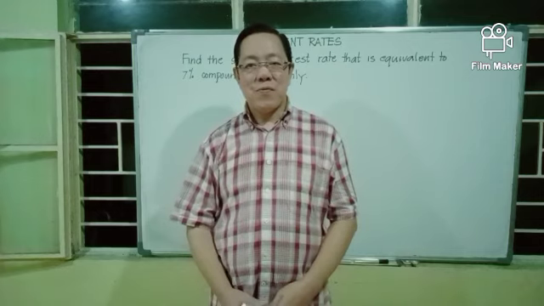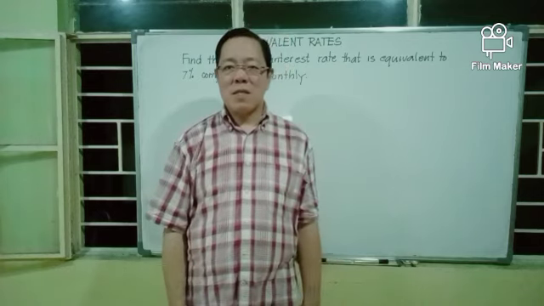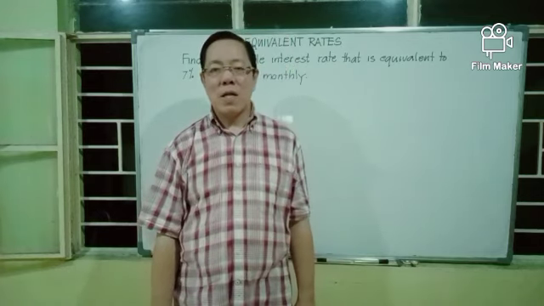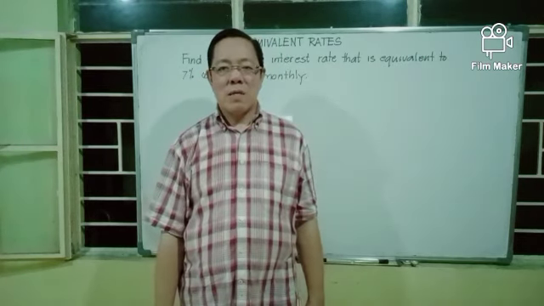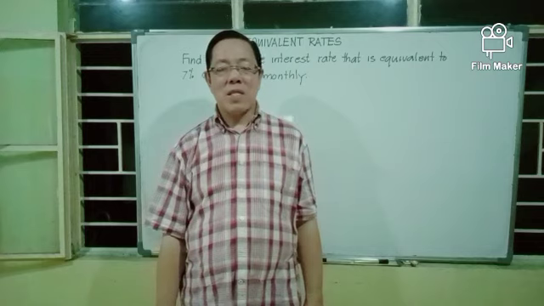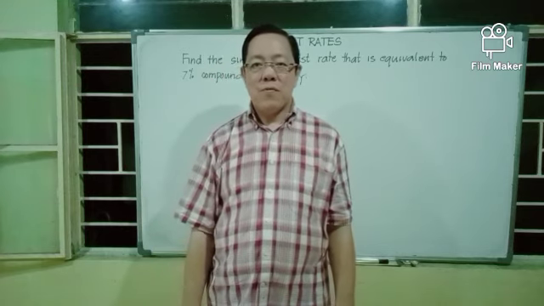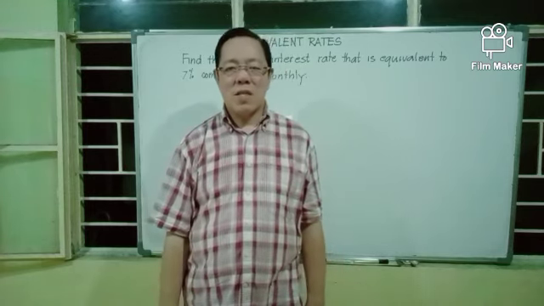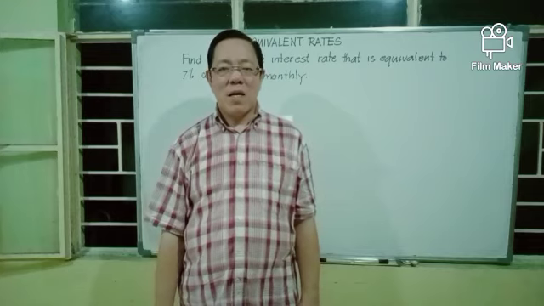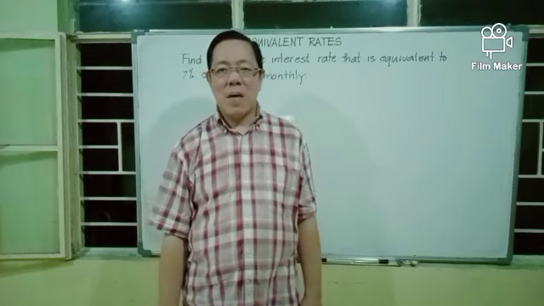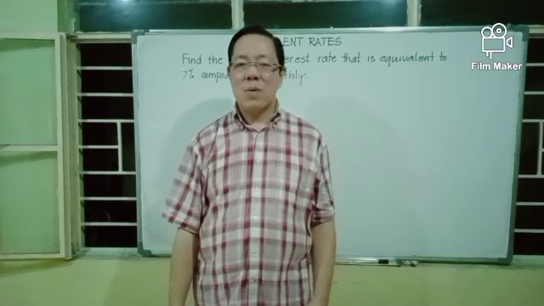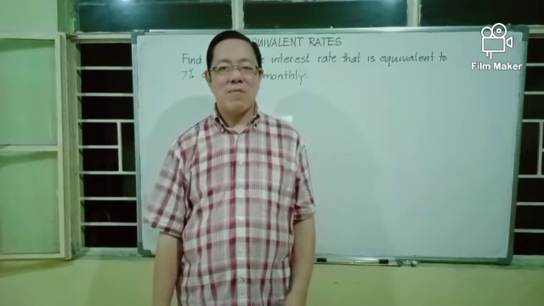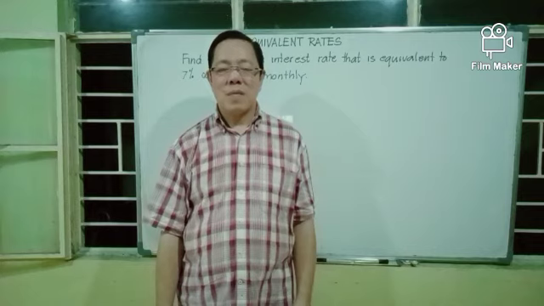So, to find an interest rate that is equivalent to another interest rate, you separately compute the accumulated value for each interest rate and equate the two accumulated values, because if the two rates are equivalent, then their accumulated values are equal.